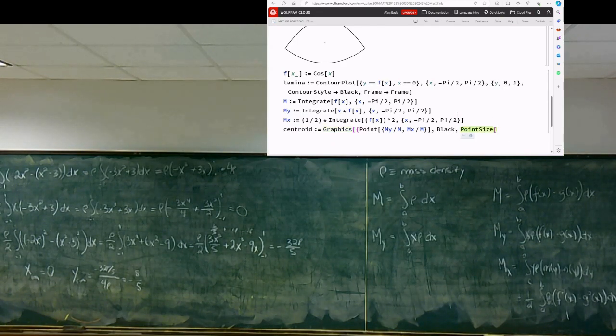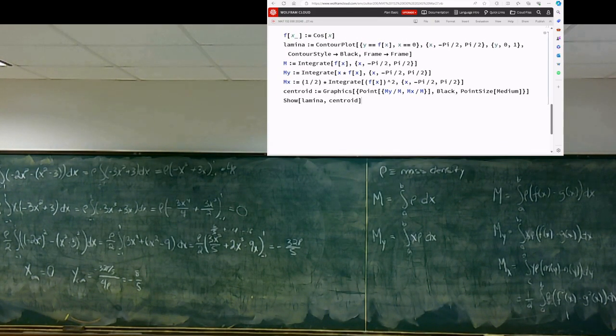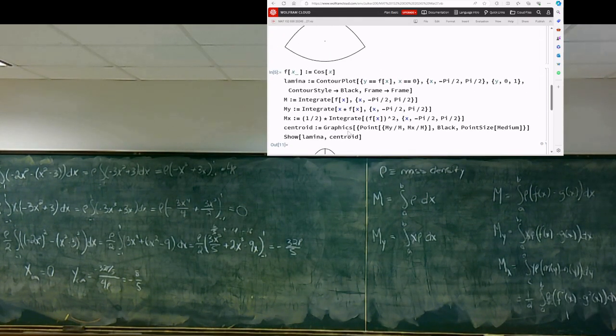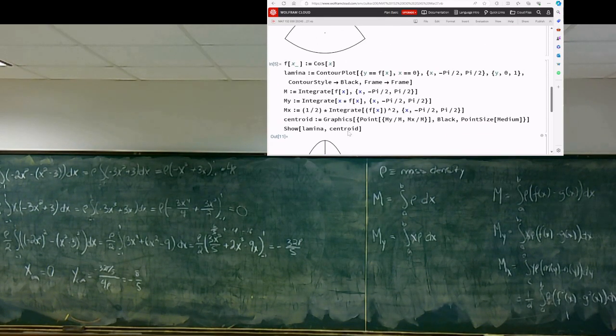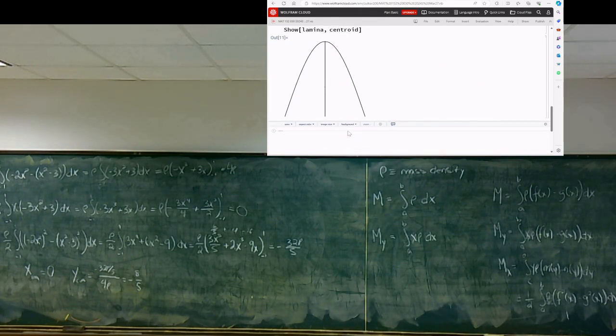And again, let's just make it a medium point. And then we just want to show the centroid on the lamina. Right.